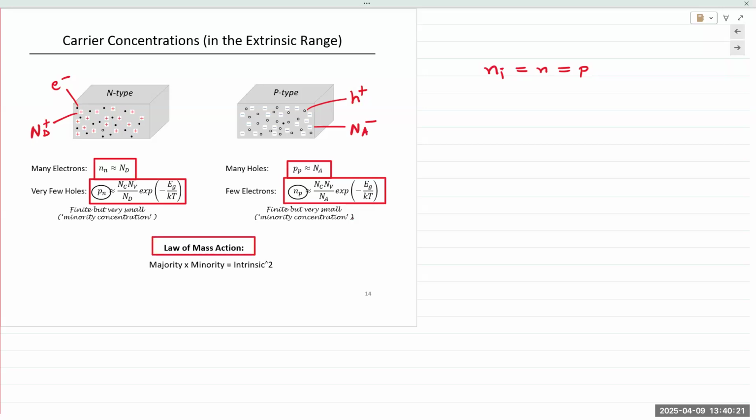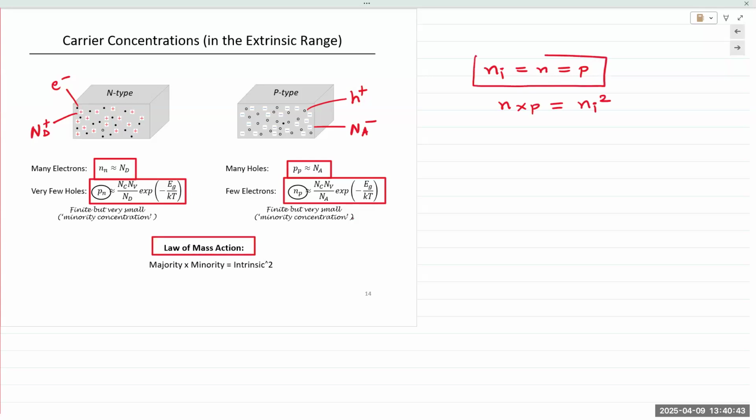In pure mathematical terms, it basically states N times P, meaning the total number of electrons times the total number of holes, is equal to Ni square, which we get from the above equation also, right?